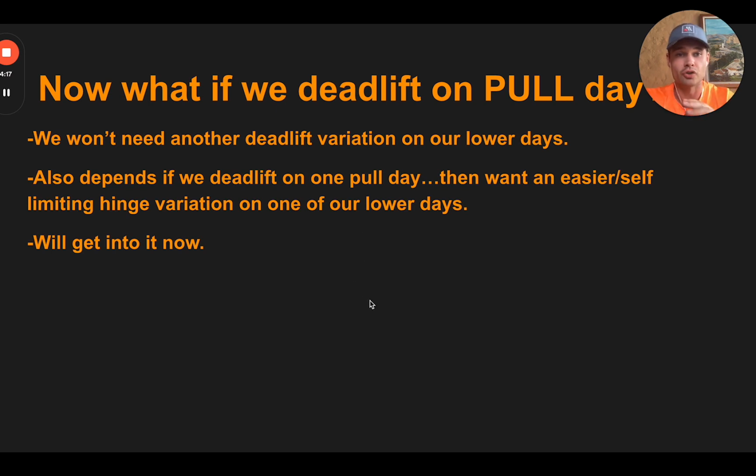Someone could decide to deadlift twice, once on pull day A and pull day B, and not deadlift on lower day at all. Somebody else might choose to do one apiece, one on lower, one on pull, and then someone might deadlift twice on lower. So again, that's individual to how you progress best. You have to experiment with that, like a lot of things.